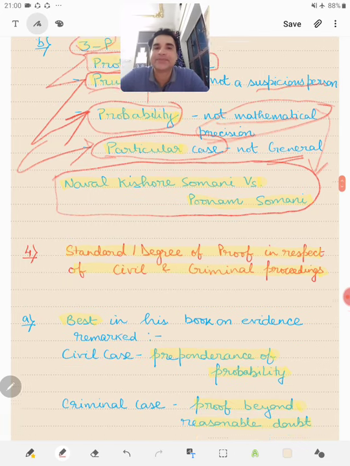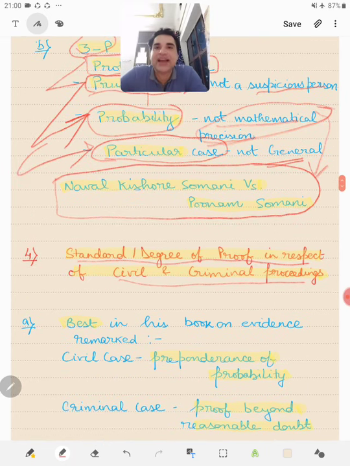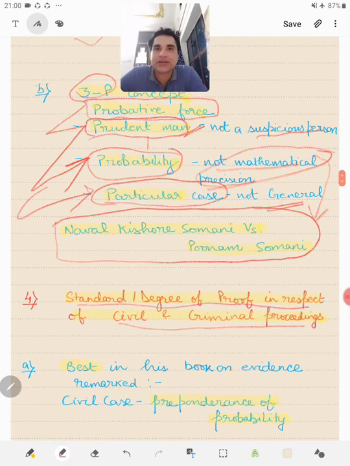Now, moving further, we will go on to another topic, that is, the standard or degree of proof in respect of civil and criminal proceedings. As we discussed earlier, a thing is not to be proved with mathematical precision. What is required is that a probability is to be made that a prudent man under the particular circumstances would agree with it.